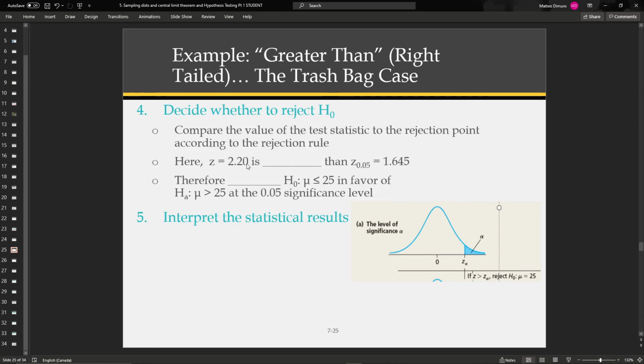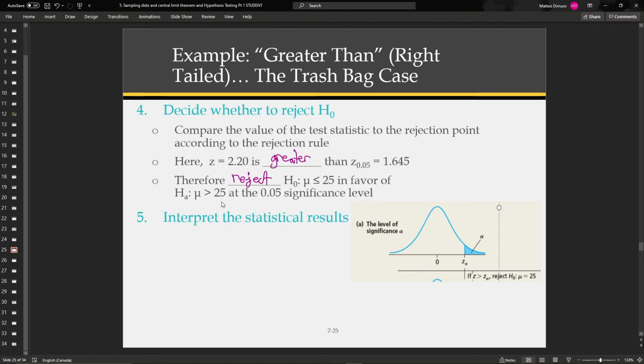Z is 2.2, and this is greater than the Z alpha of 1.645. Therefore, we reject H0 that the mean is less than or equal to 25 in favor of the alternative hypothesis that the mean is greater than 25 at the 5% significance level.